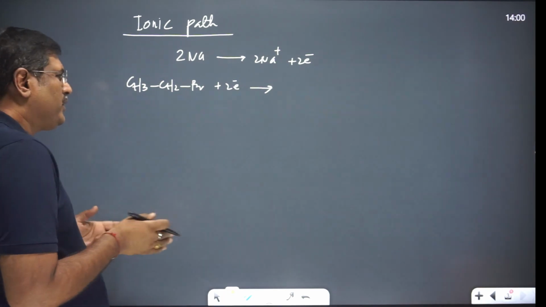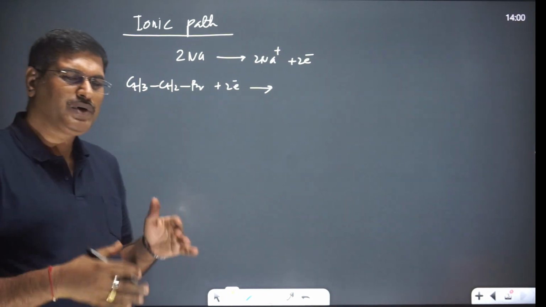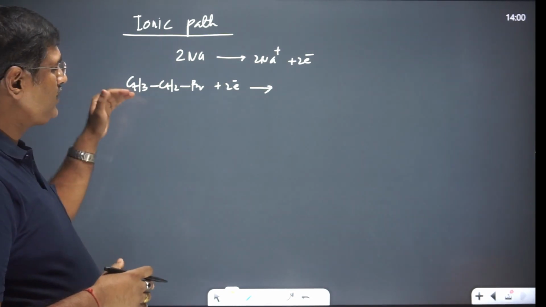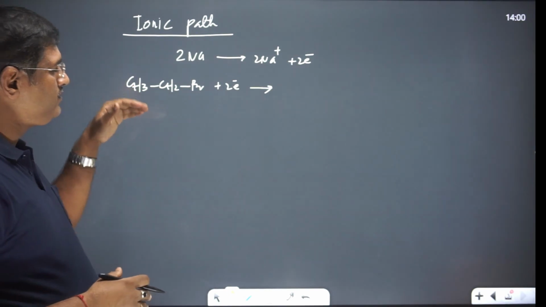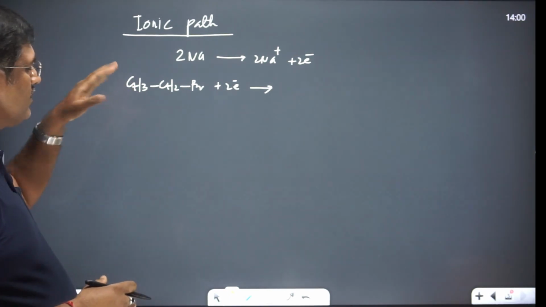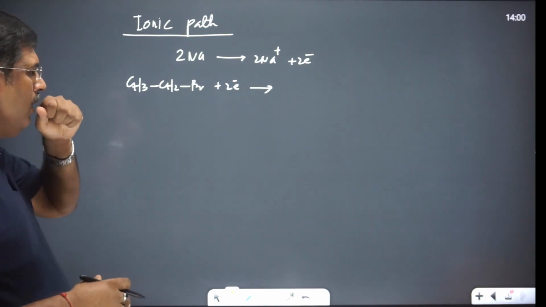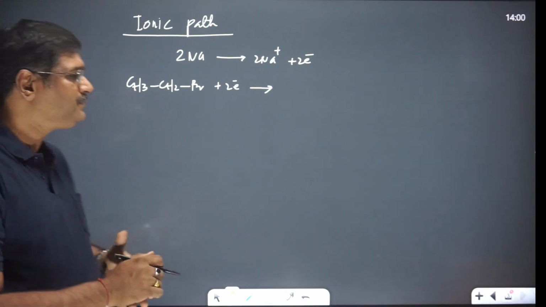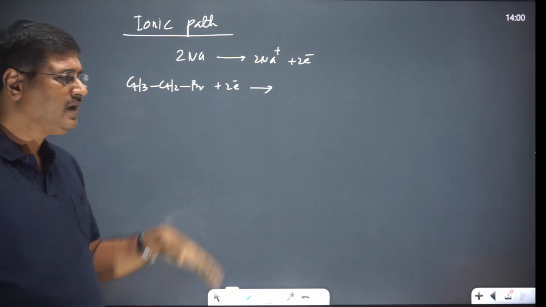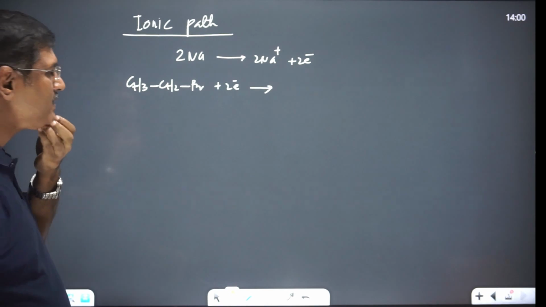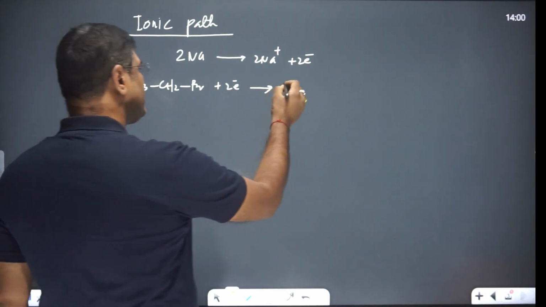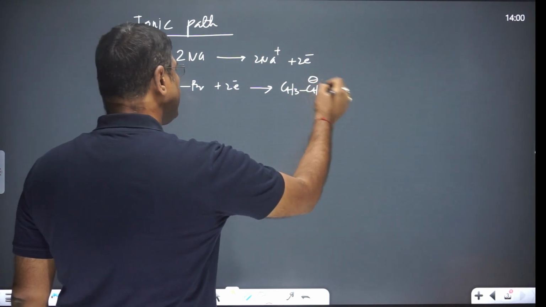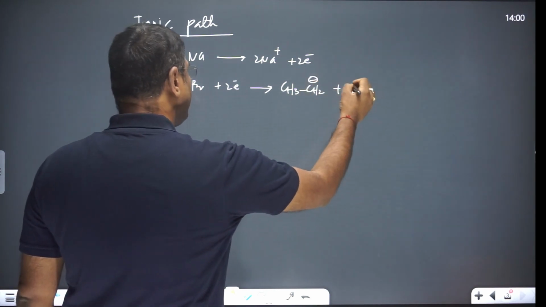Anyway, you know alkyl halides prefer to dissociate heterolytically as CH3CH2 plus Br minus. That will accept 2 electrons here, and as a result you get CH3CH2 minus and Br minus.